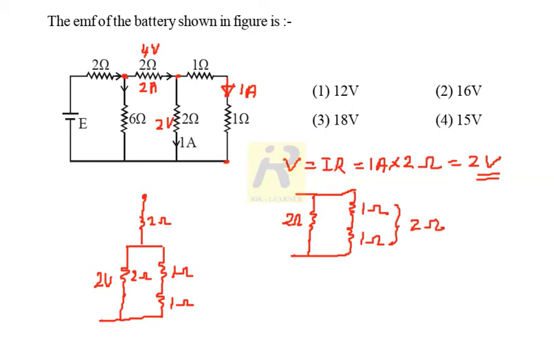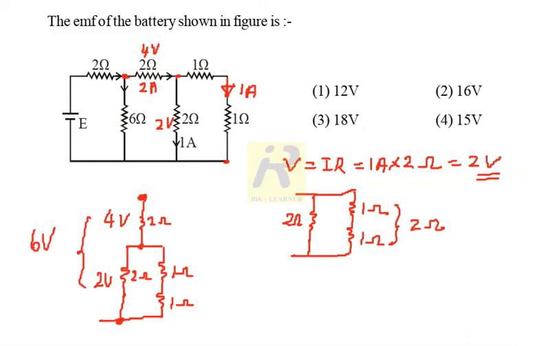So the potential difference from this point to this point is 2 volt, and from this point to this point, that is 4 volt. Then what is the difference of potential from this point to this point? This is the sum of these two, that is 6 volt.